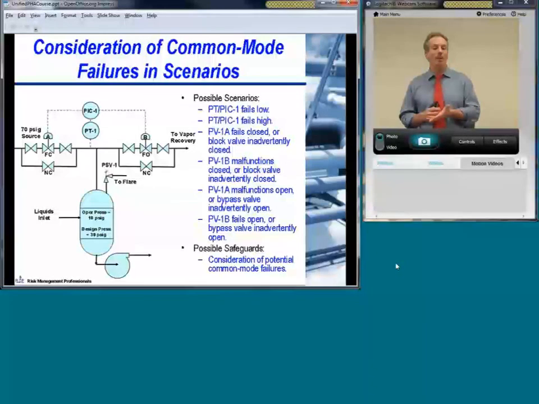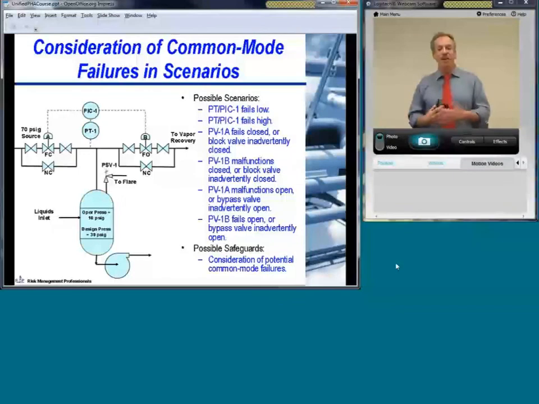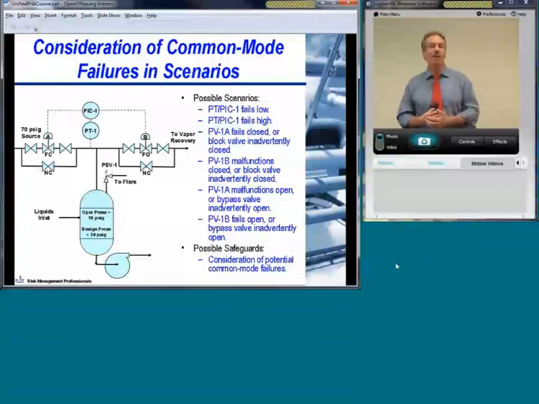Classically, a lot of people look at this, and when they're looking at failures, say, okay, my inlet valve opens up, what's the impact? And they take credit for the valve on the outlet opening up to relieve pressure. You've got to be very sensitive to the fact that you're using common transmitters and controllers, and that a common mode failure here can lead to pressure coming in and an inability for pressure to be relieved through the normal vapor recovery line, thereby requiring your PSV as your ultimate protection device.